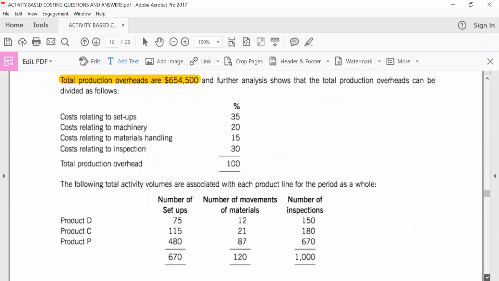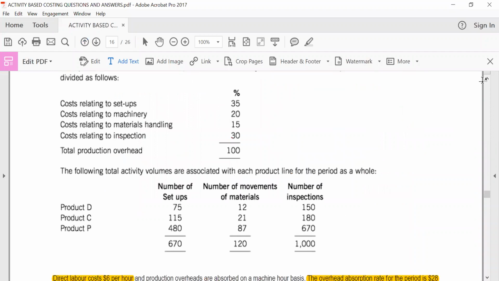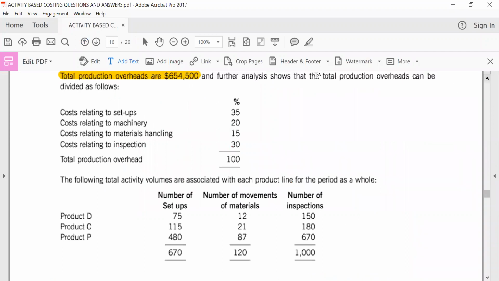The examiner has stated that the total production overhead is 654,500. But he's saying that 35% relates to what? Cost of setup. He's saying that 20% of that 654,500 is an overhead cost for machinery, and 15% for material handling, 30% for inspection. So the examiner decided not to give me the values, but I can determine the values.